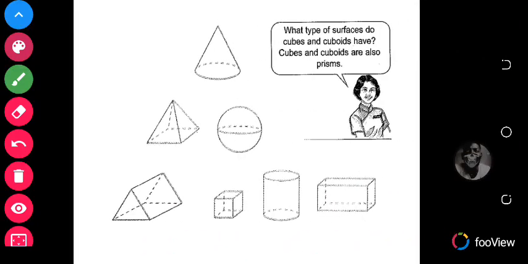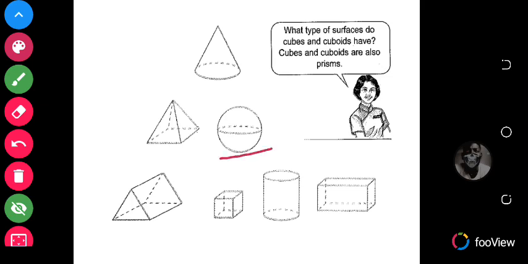What type of surfaces do cubes and cuboids have? Cubes and cuboids are also prisms, so we will look at the definition of prisms soon. When you take a look at the following pictures, you realize that they are things you can touch or things we've seen before.